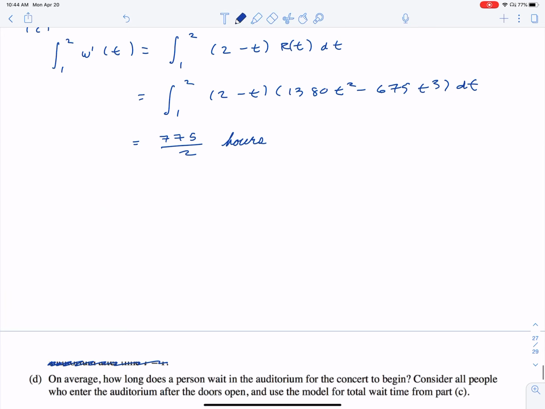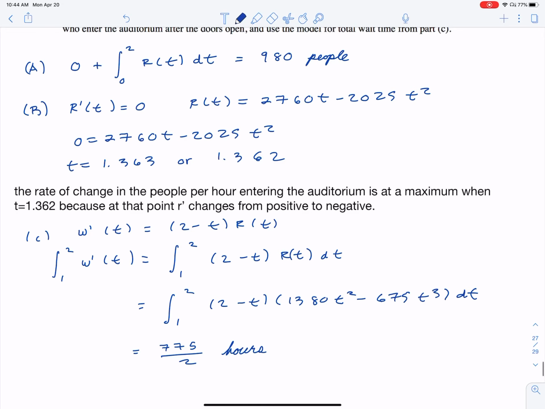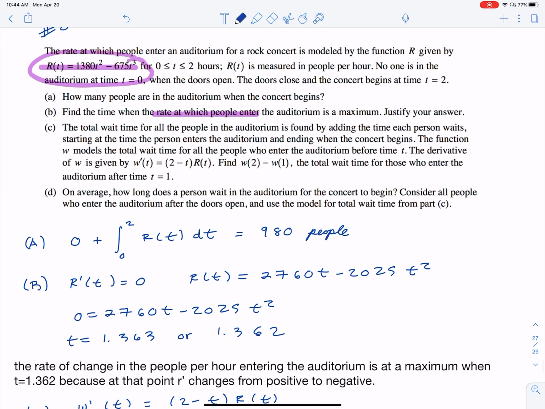So let's backtrack for just a second and go back to C. This function that they're giving us, W of t, models the total wait time for all the people.